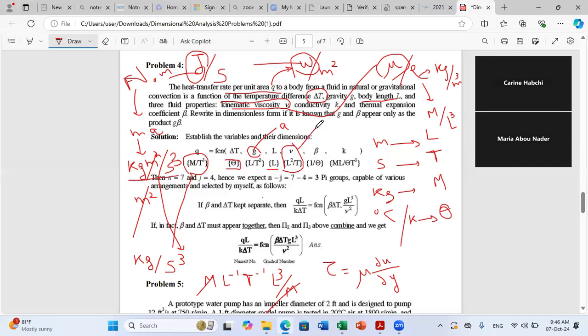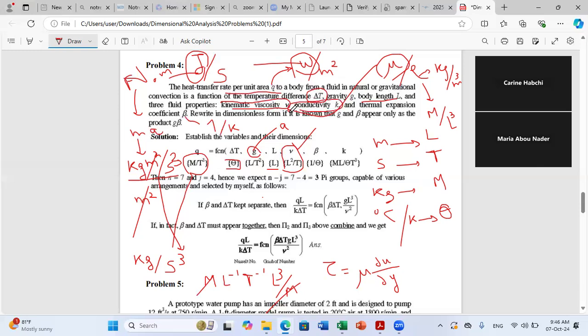Now, for the thermal expansion coefficient, beta, I don't consider that you will remember the unit of beta, so I will tell you. The unit of beta is 1 over degrees or 1 over Kelvin. So as a dimension, it's 1 over theta.